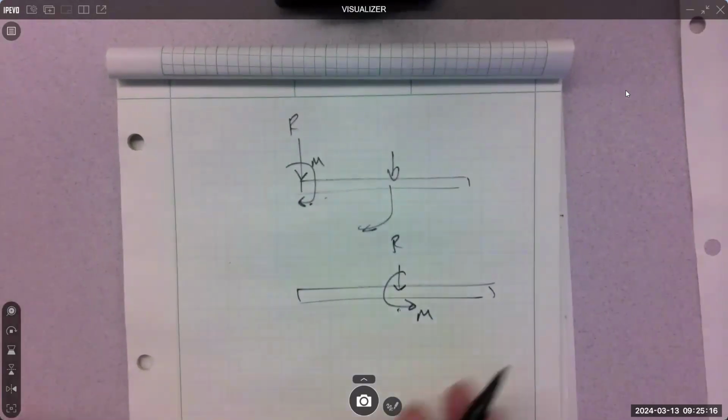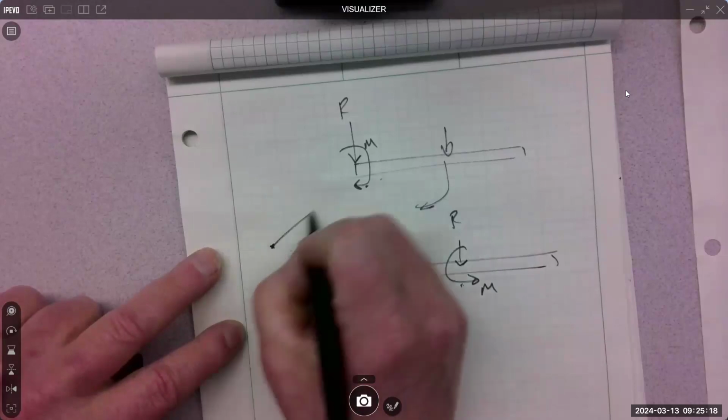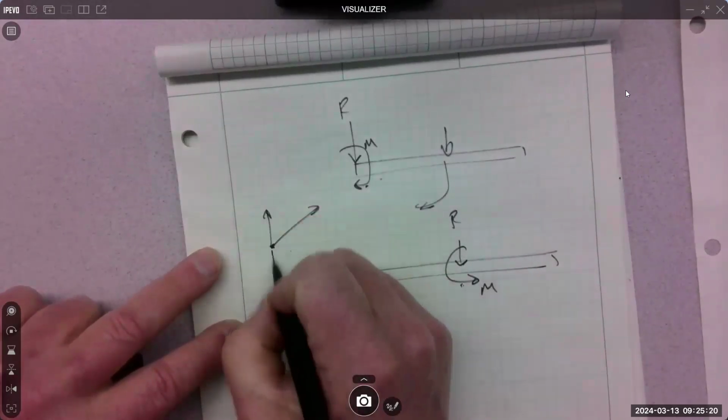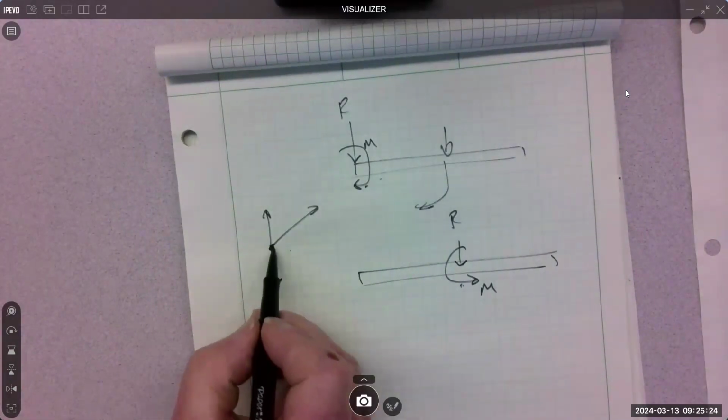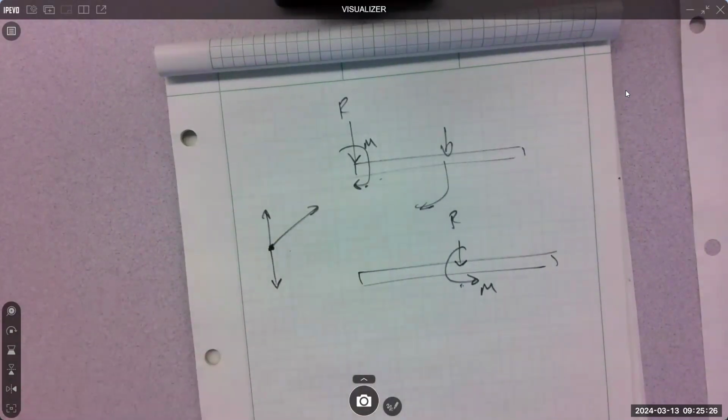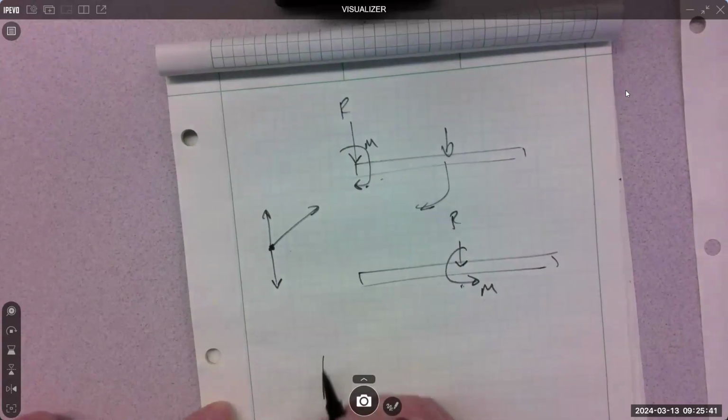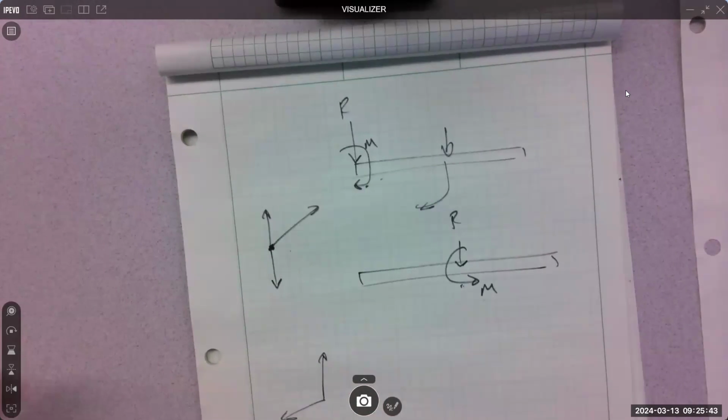So the other one we did with the resultants were these. What kind of force is that? Concurrent, everything going through one spot. And how do we find the resultant of that? Add them all together. What's the easiest way to do that? Components. If there's only two, how could you do it?